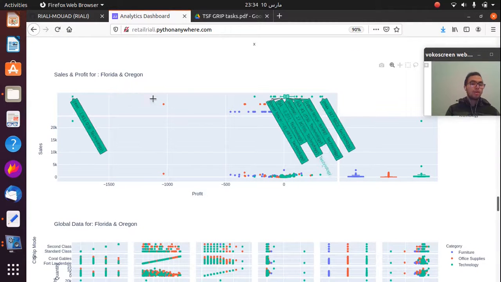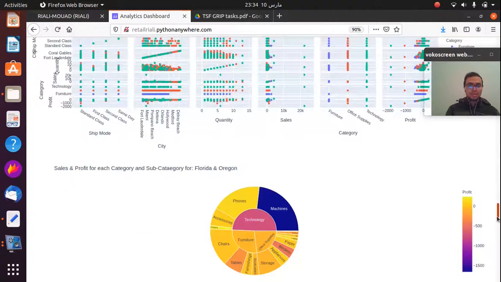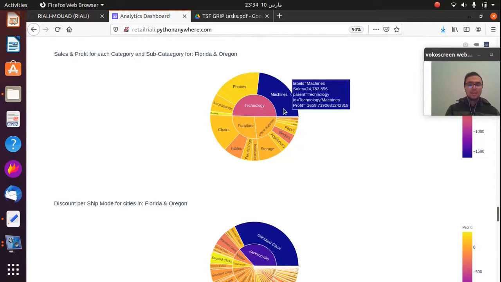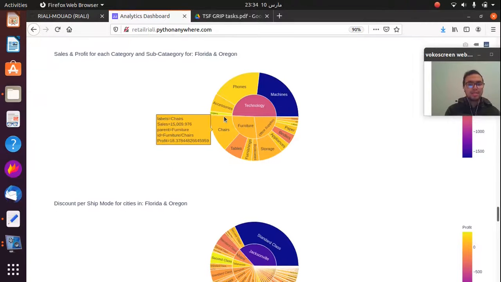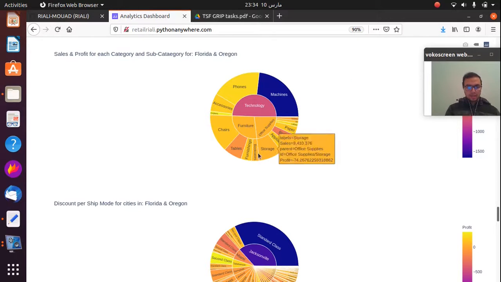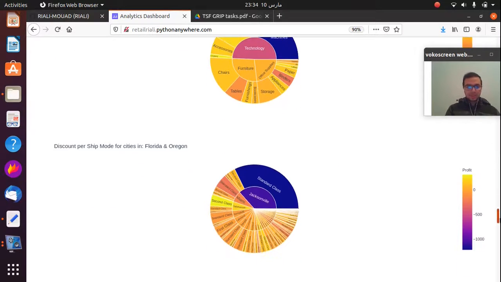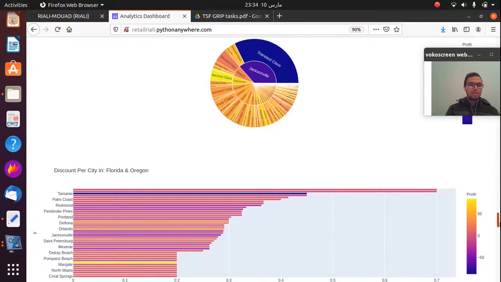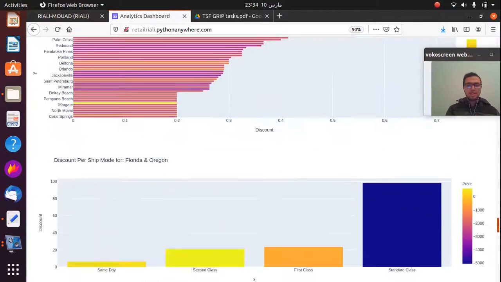And here for Florida and Oregon, the same results: machines, tables, binders, and supplies, bookcases, and the same result with the standard class.